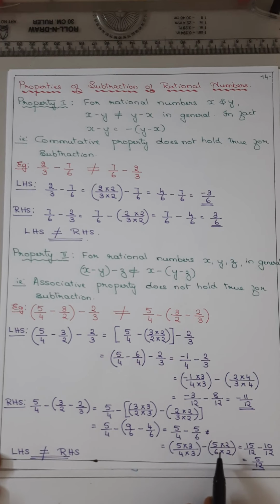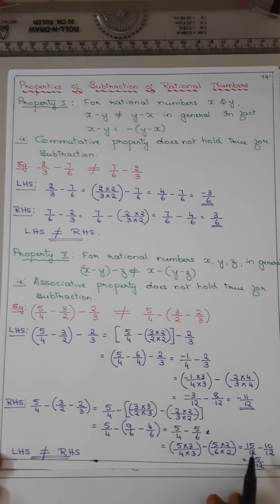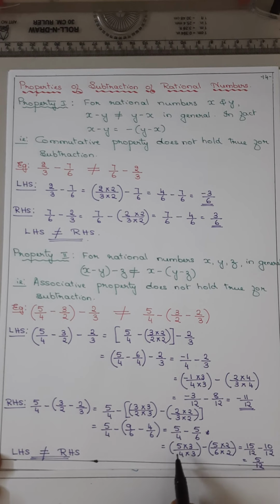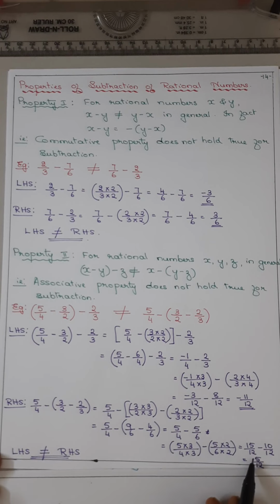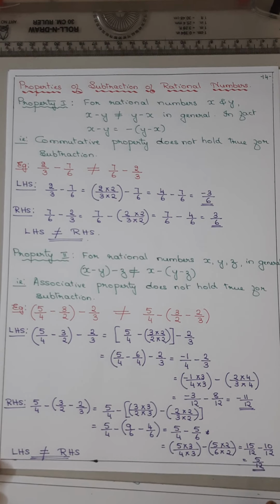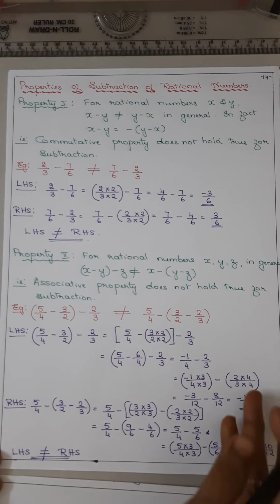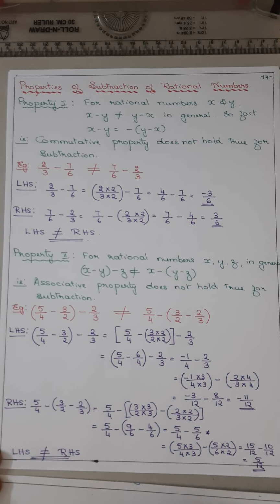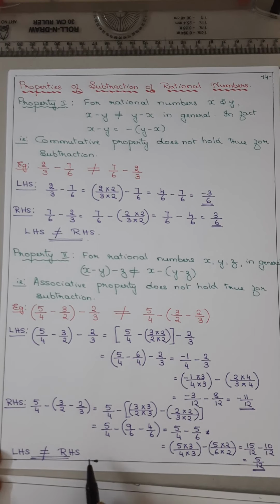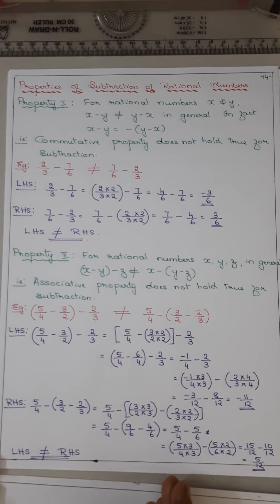Minus 5 by 6. 6 को 12 में करने के लिए multiply by 2. Okay. Now 5 3s are 15 by 12. Minus 5 2s are 10 by 12. So that means 5 by 12 you got. So answer is fully different. LHS is not equal to RHS. Here the answers won't be same.